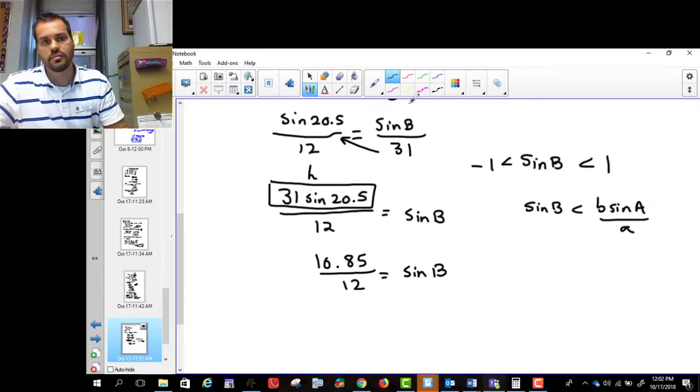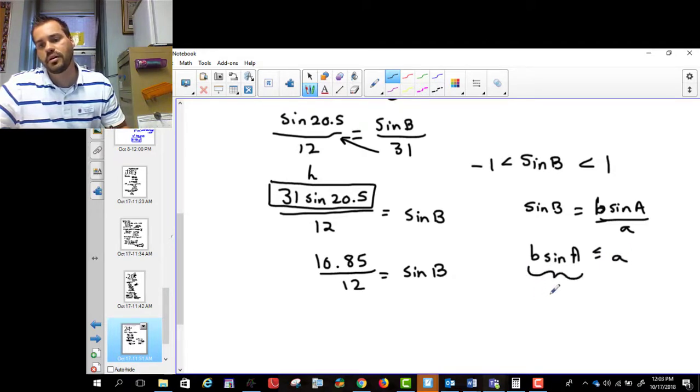That's what we're saying it's equal to from our sine formula. Then in order to get an answer, b sine A has to be less than or equal to a. I just call it the height, but the height has to be less than or equal to a.